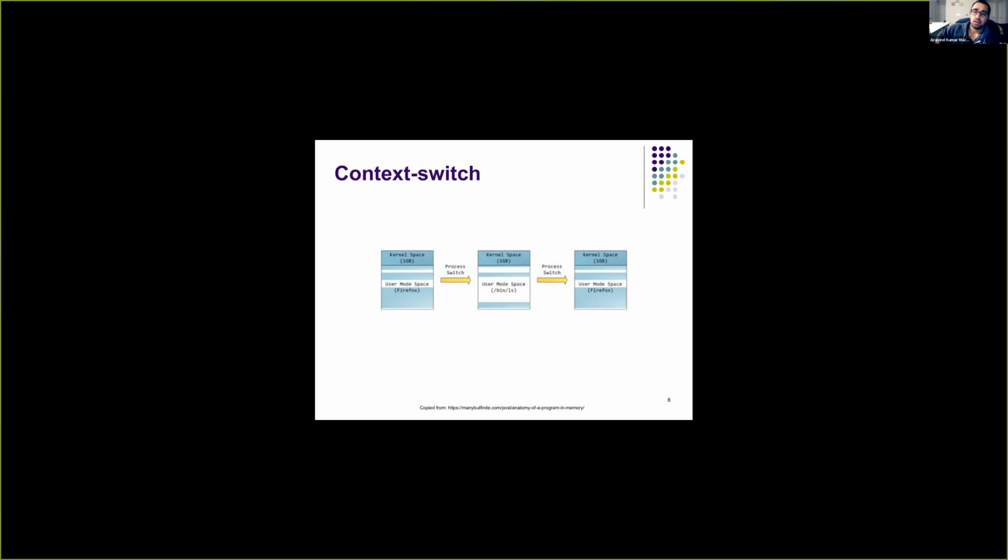Okay. So one thing to remember is that in modern operating systems, the kernel is always mapped into a certain region of the virtual address space. In the case of Linux, the top 1 GB of the virtual address space of every process is mapped to the kernel.